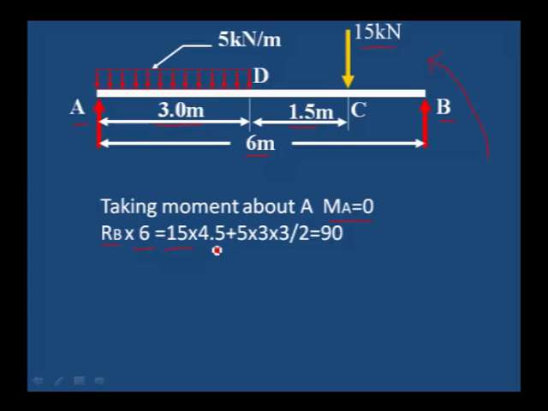15 into 4.5 is the moment due to the 15 kilonewton point load, which is in the clockwise direction.